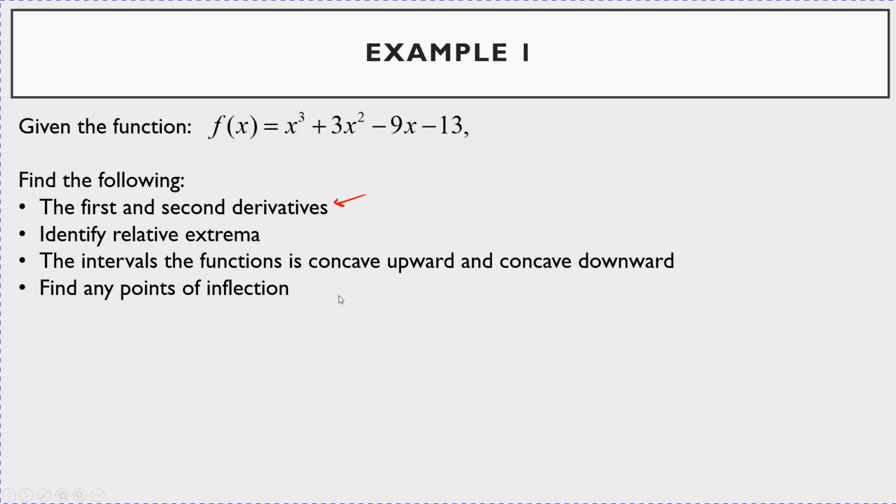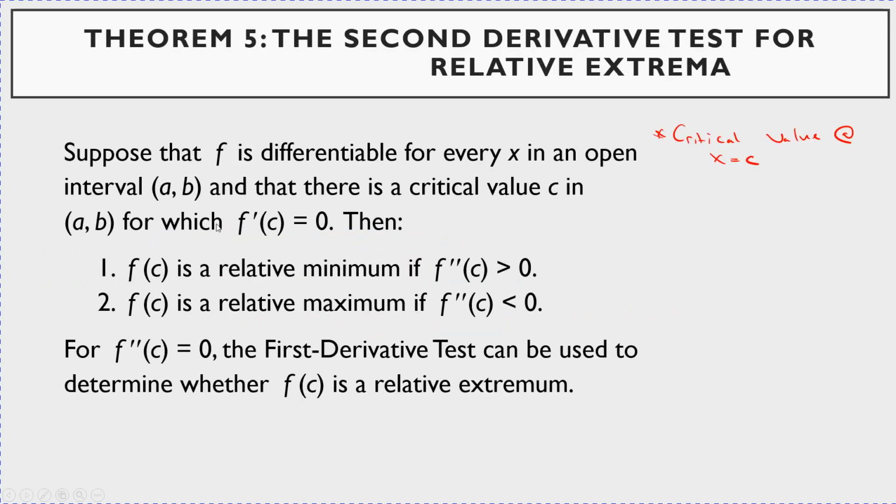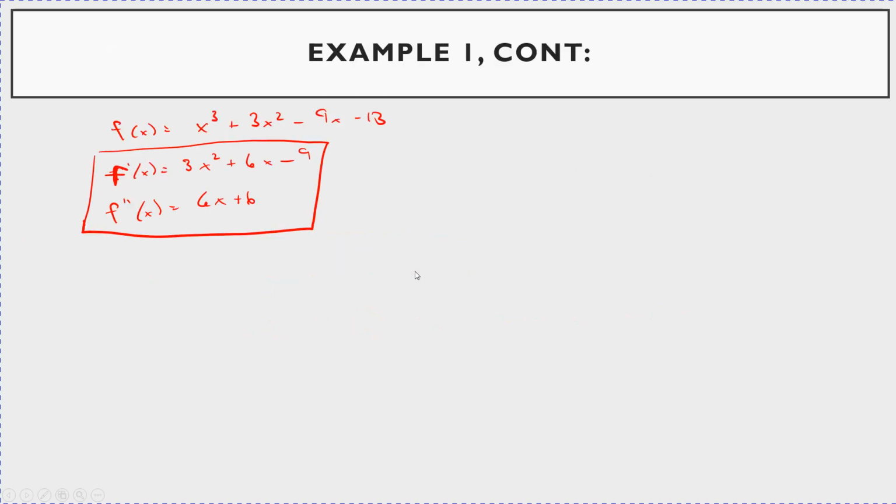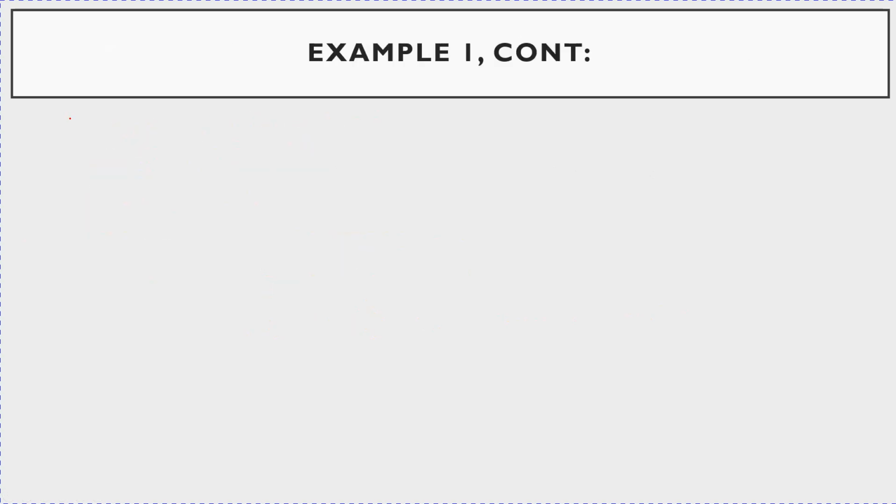Next question says, identify the relative extrema. So what I'm going to do is find the critical values, and then use this second derivative test for relative extrema. To do that, the first thing you need to do is find critical values.